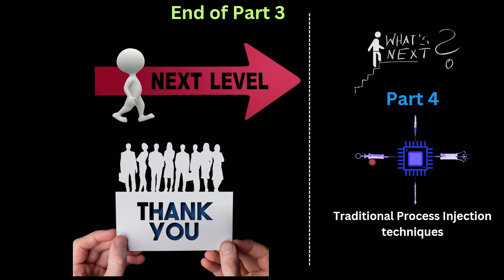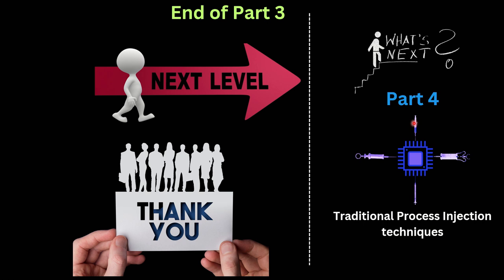And in part 4 we will discuss different process injections that are there, and we will specifically discuss DLL injection with the example of QuakeBot malware. The QuakeBot malware is known to do DLL injections. It is a very old malware, and we will discuss that with an example.